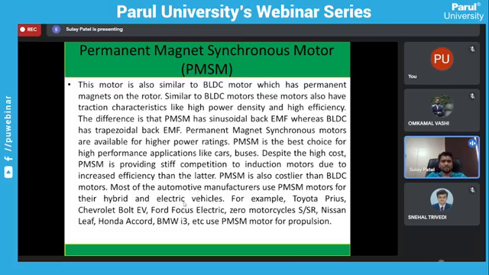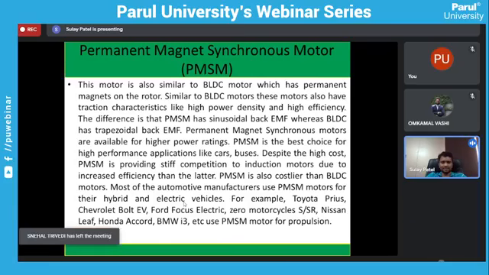The next one is the permanent magnet synchronous motor, PMSM. This motor is also similar to the BLDC motor, with permanent magnets on the rotor. Similarly to the BLDC motors, these motors also have traction characteristics like high power density and high efficiency. The difference is that PMSM has a sinusoidal back EMF.